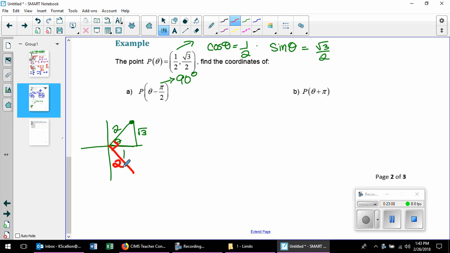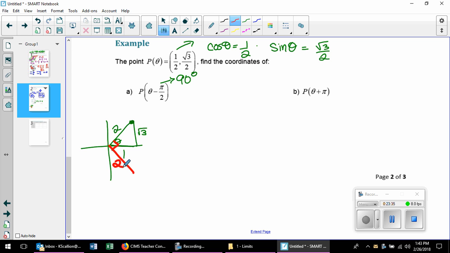So, okay, this is here, and then we're going to rotate it negative 90 degrees. So now 2's here. Where did my root 3 go? It was the y, now it's the x. And my 1 was the x, and now it rotated to the y.